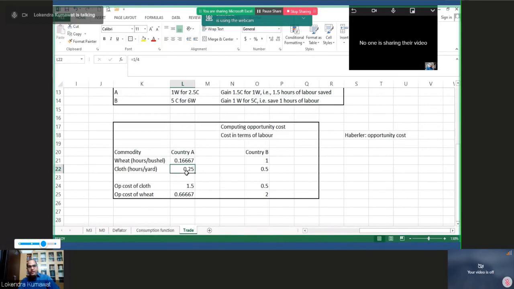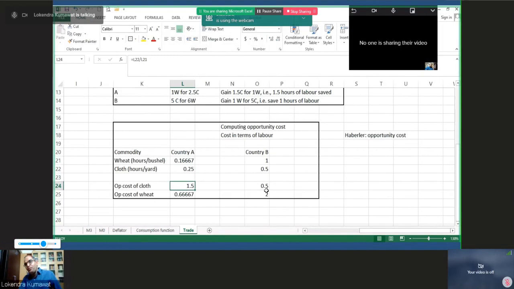For producing 1 yard of cloth, you need 0.25 hours of labor, while for producing 1 bushel of wheat, you need 0.16 hours, that is 1/6 hours. So this is just about 1.5 times this, which is precisely what is written here.